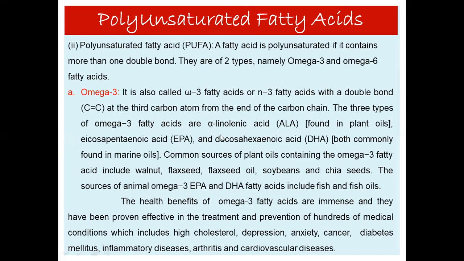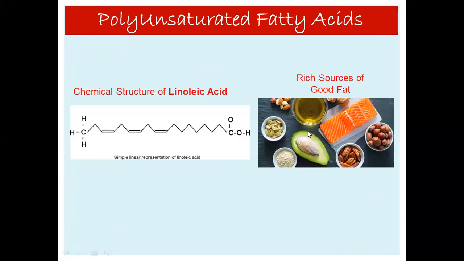Here you can see this is the particular structure of alpha-linolenic acid. We already know that the three types of omega-3 fatty acids are alpha-linolenic acid, eicosapentaenoic acid, and docosahexaenoic acid. Here you can see it is a polyunsaturated acid. Why? You can see there are a total of three unsaturations, and the first one is at carbon number 3, counting from the end of the chain.